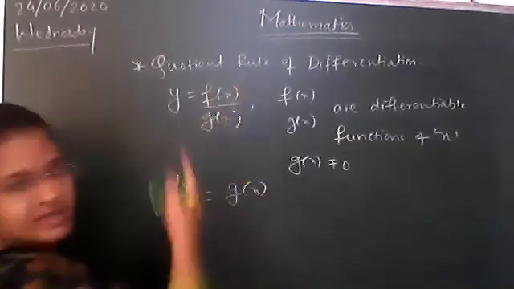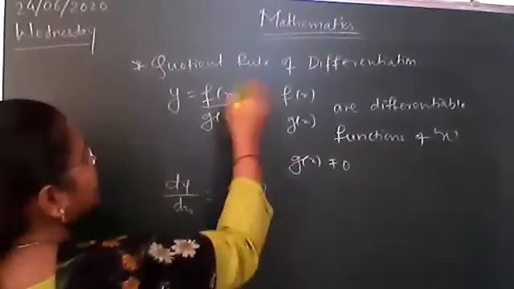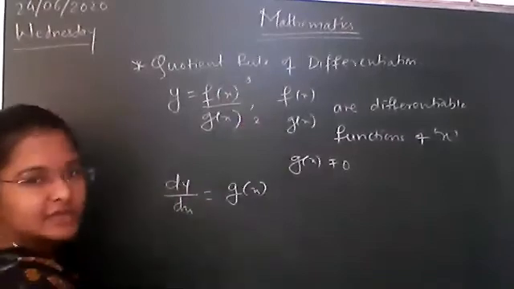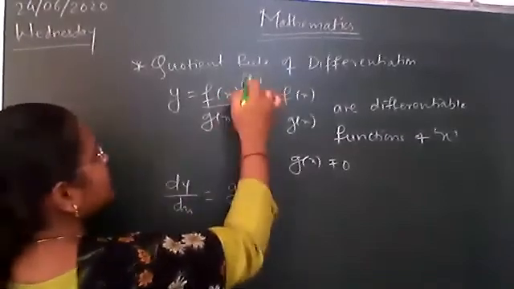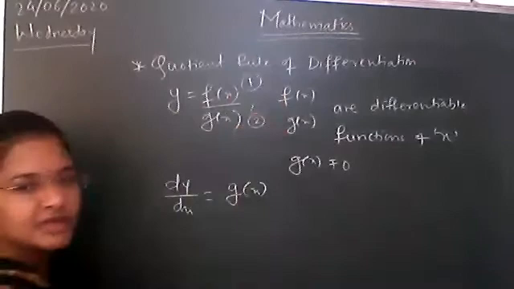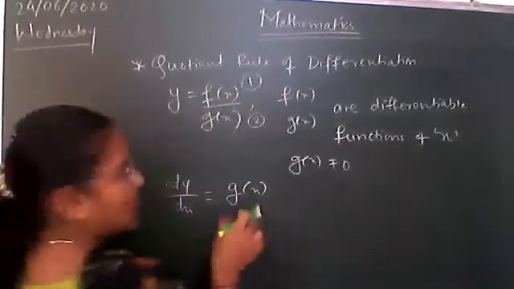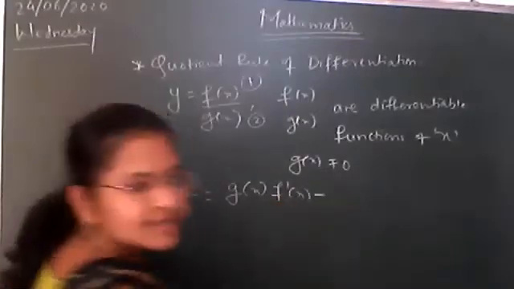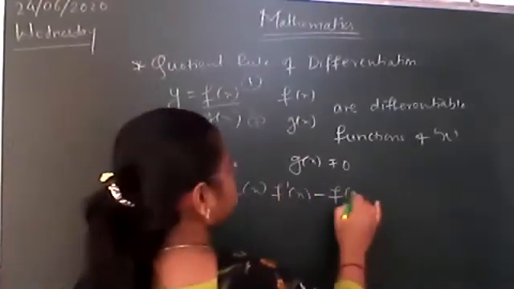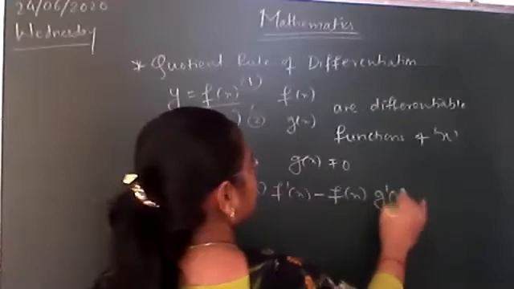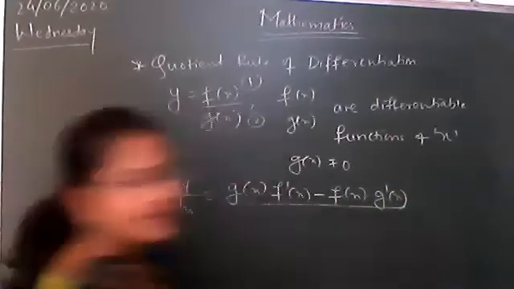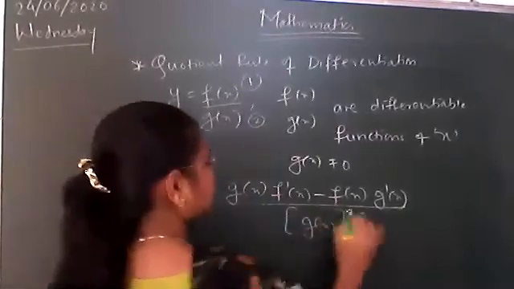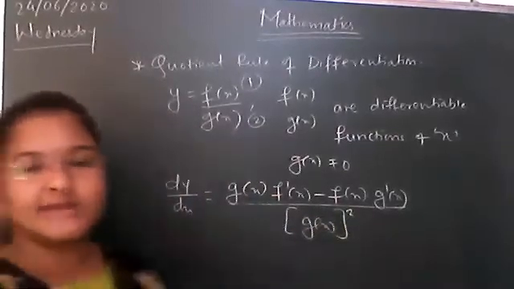The function in the numerator is the first function, and the one in the denominator is the second function. So dy by dx equals second function constant, derivative of first function, minus first function constant, derivative of second function, whole thing divided by the second function's square. Yesterday we have seen this.